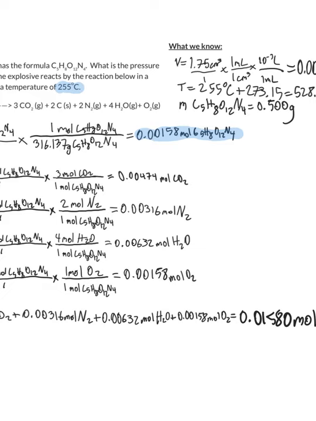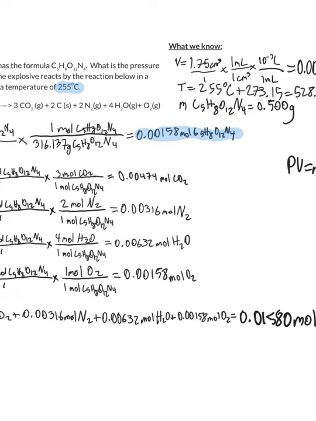Now in step 4, we will find the total pressure, which we know from PV equals nRT. If you rearrange it to find P, you get P equals nRT over V. So we're going to implement our numbers.